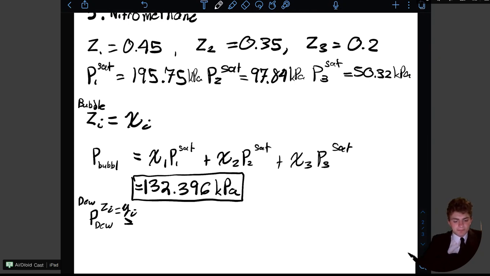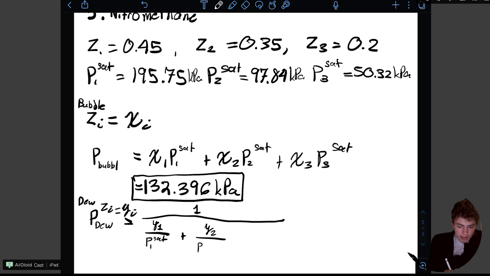So we're going to do basically the exact same thing. However, remember, the dew calculation is slightly different, in that our formula will be 1 over y1 over P1 sat plus y2 over P2 sat plus y3 over P3 sat, which will come out to, give me just a moment here to crunch all these numbers.